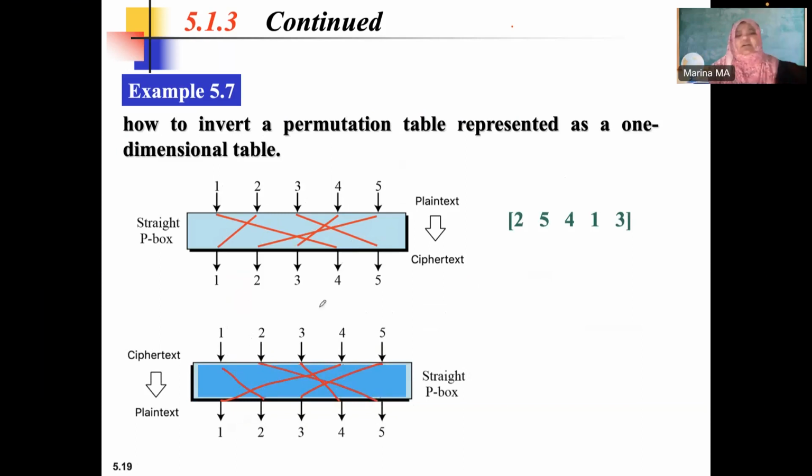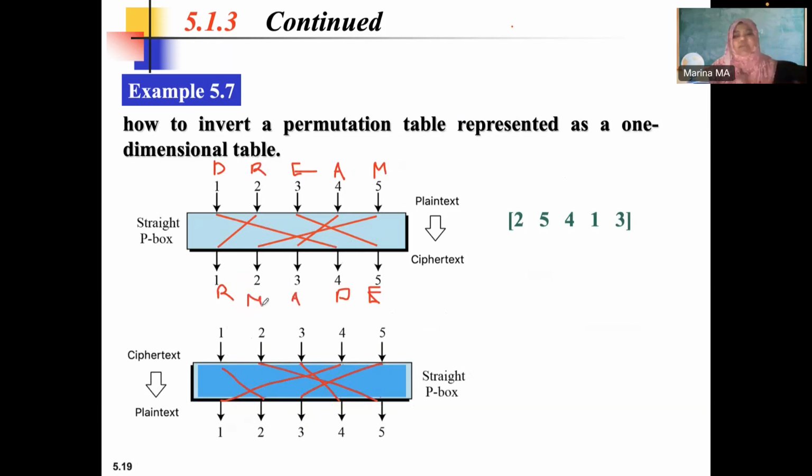Okay, let's check our answer. 2, 4, 5. Again, DREAM. D is here, R is here, E here, A here, M here.